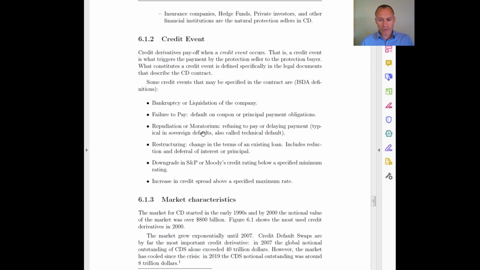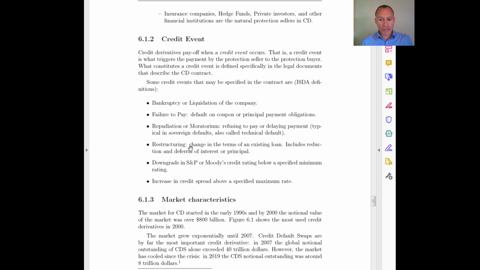For sovereigns, you typically have a different designation. You call it repudiation or moratorium. So typically, you don't say that the country defaults. They basically delay what they are supposed to pay, or they pay less, or something like that. So that may be specified also in one of these derivatives.